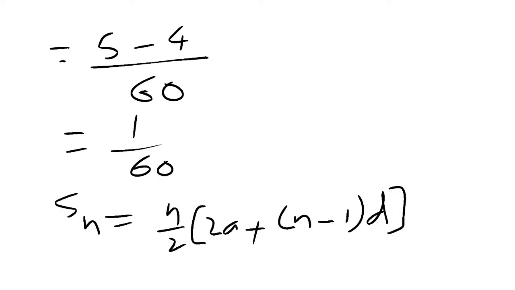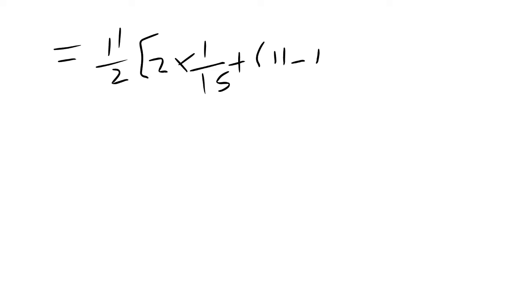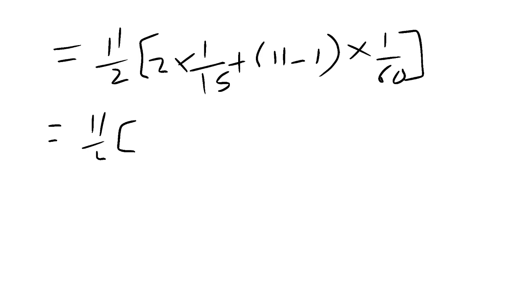Let's find the sum of 11 terms of the AP. So 11 by 2 into 2a, 2 into 1 by 15, plus 11 minus 1 into d value, which is 1 by 60. So it equals 11 by 2 into (2 into 1 by 15 is 2 by 15, plus 10 into 1 by 60).